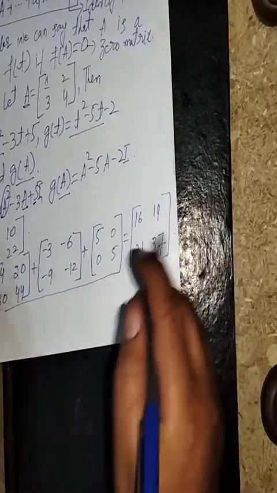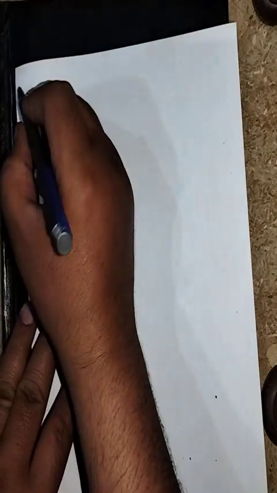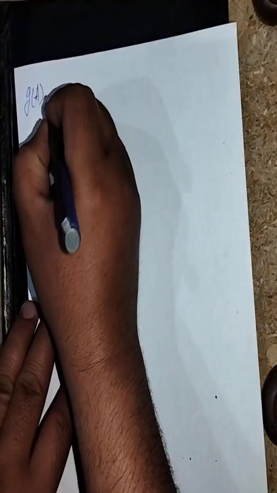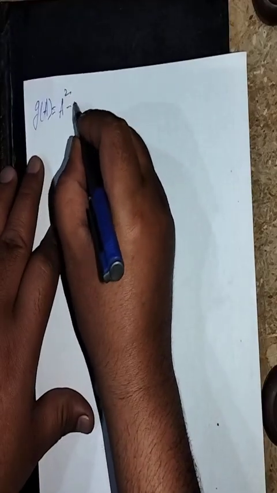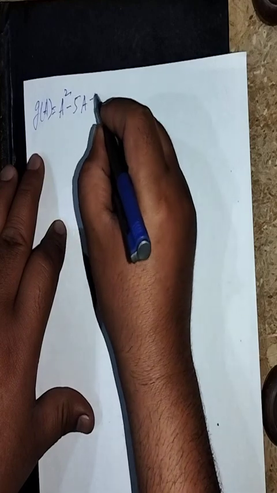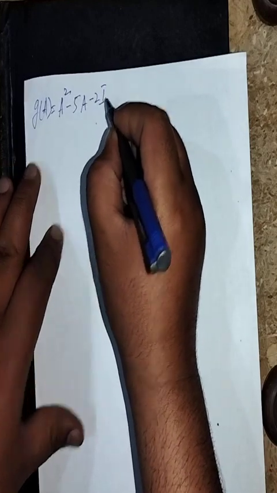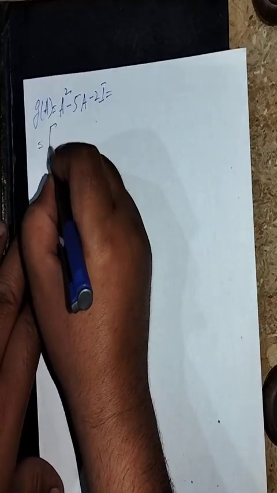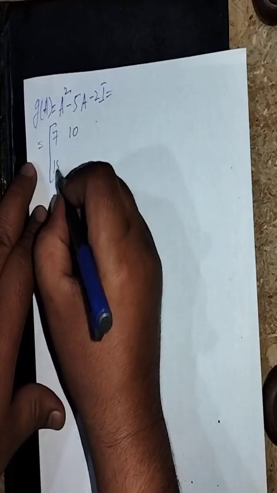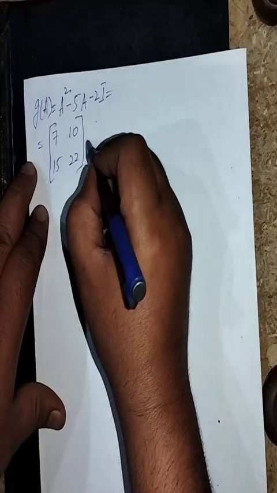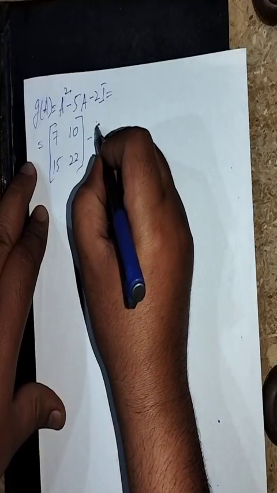Also you can calculate g of A, which will be equal to A square minus 5A minus 2I, which will be equal to 7, 10, 15, 22 minus 5A.